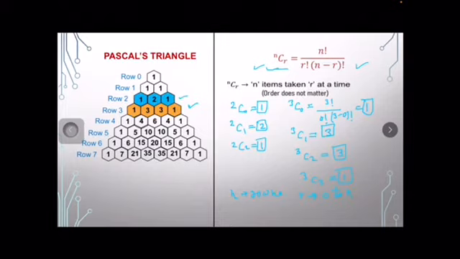n is 0 to n. So we say that the values of Pascal's triangle give the combination values, right?